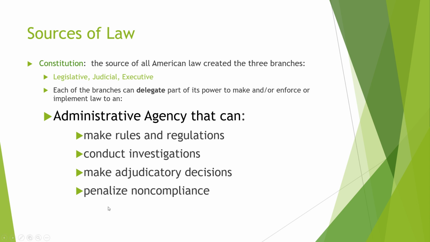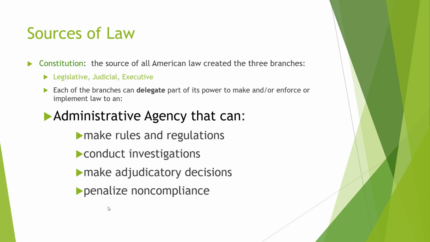So each of those branches can give away some of its power, delegate some of its power to either make their own rules or laws. Okay, and they can delegate this power to an administrative agency.